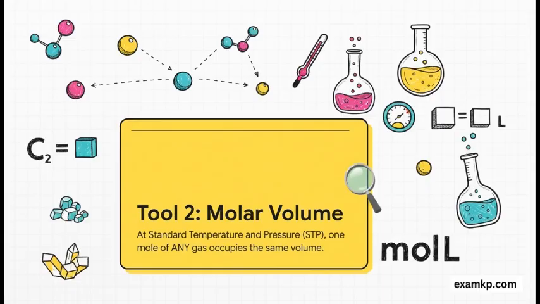It's called molar volume. And here's the big idea. At what we call standard temperature and pressure, or STP, 1 mole of any gas, I don't care if it's oxygen, helium, whatever, it takes up the exact same amount of space. And what is that magic number?